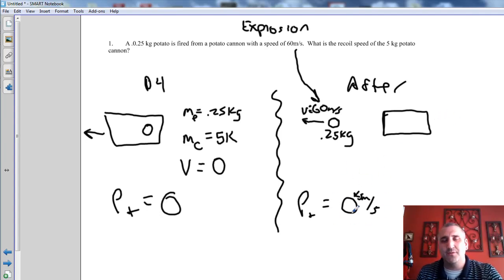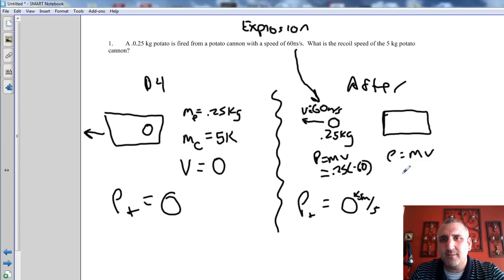And if you're not sure about that, well, okay, fine. p equals mv. Well, what's the momentum of the potato? 0.25 times negative 60, plus 5 times something. But it all has to equal 0.